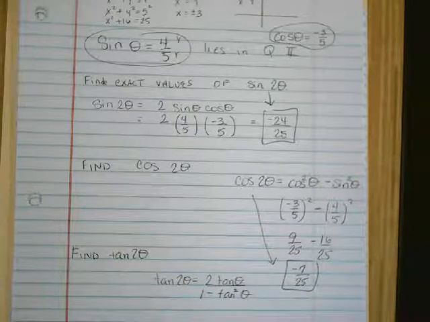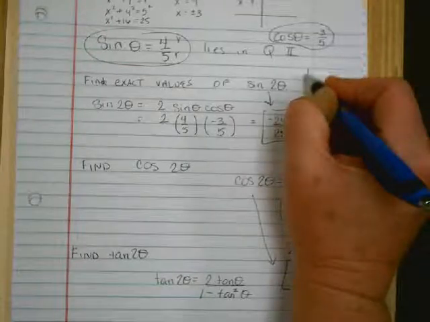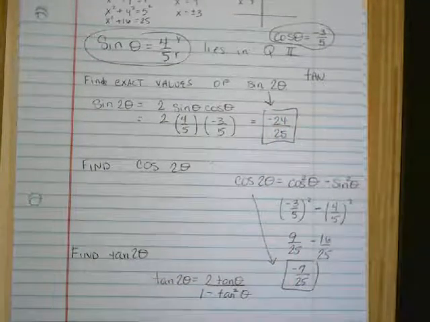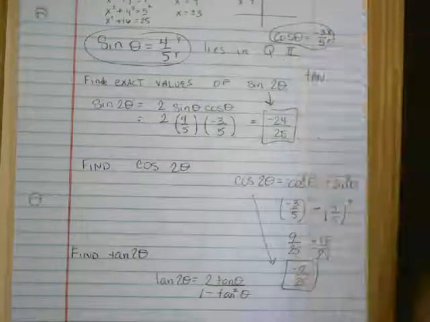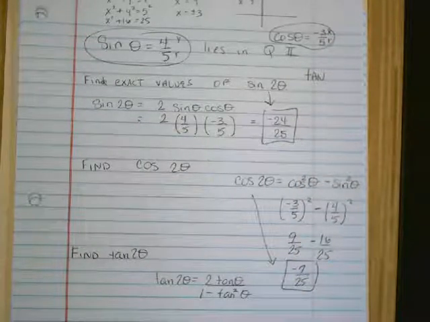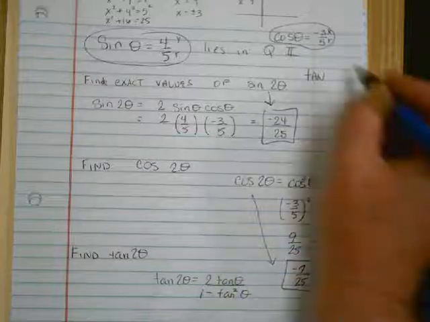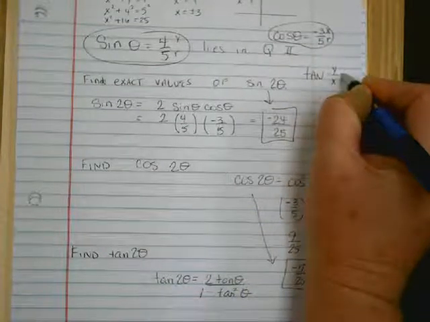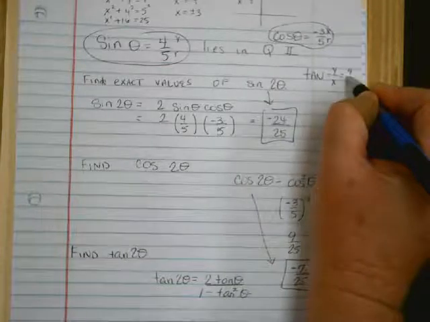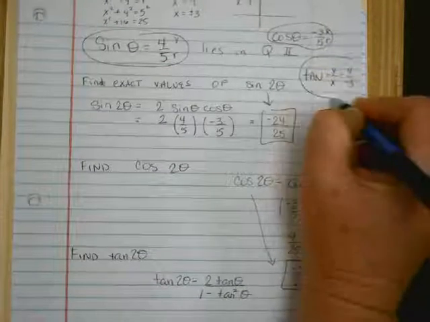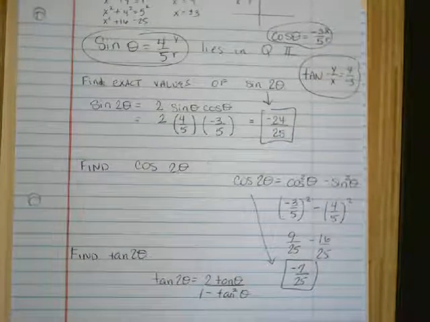Well, I know my sine and I know my cosine, so I can also come up with my tangent. Sine is y over r, cosine is x over r, and tangent is y over x. So in this case, the tangent is 4 over negative 3. So I'm going to use that to find the tangent of 2 theta.